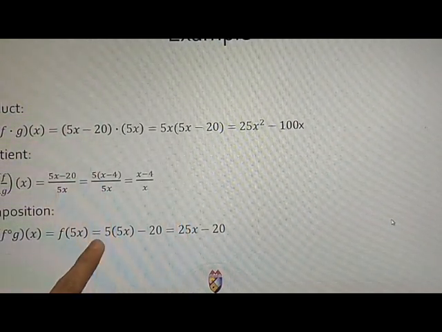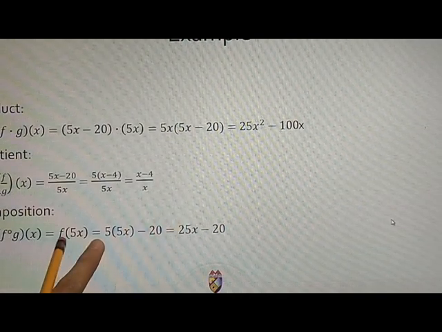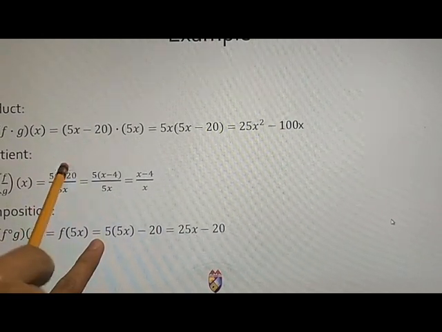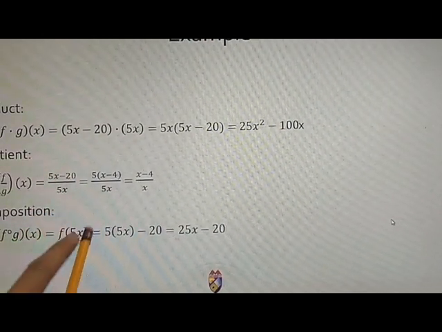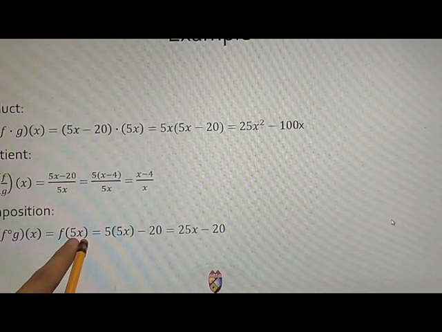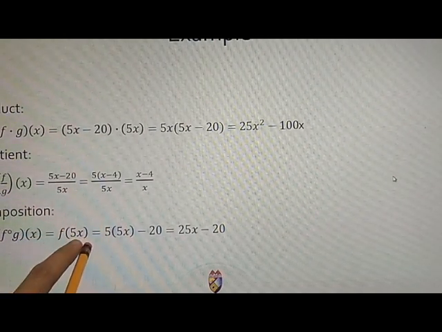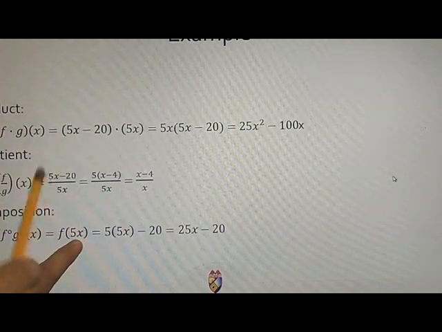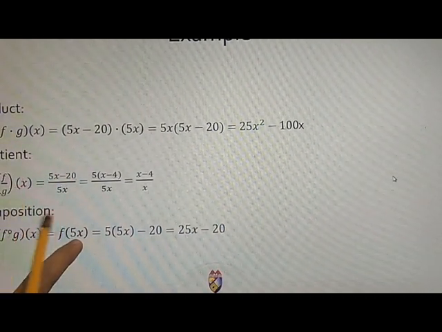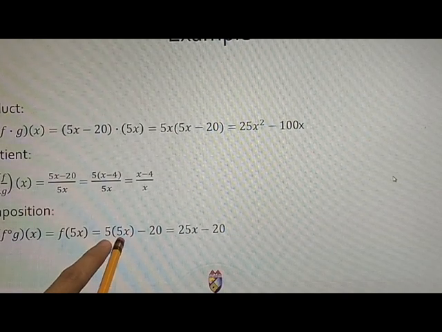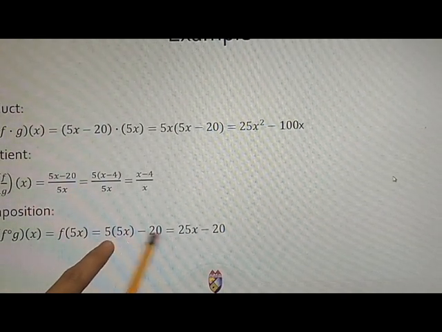Remember, yung value ng f of x is 5x minus 20. Okay? So, ang value ng g of x is 5x. Ngayon, si 5x, isa-substitute natin sa x na value ng f of x. So, kaya tayo merong 5 times 5x minus 20.